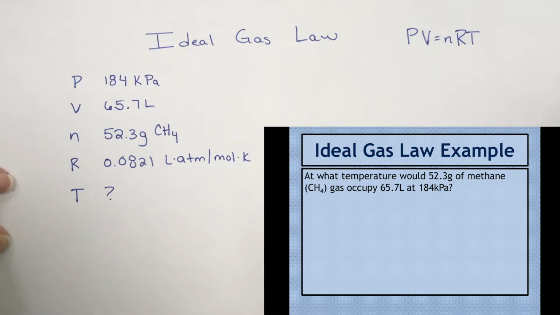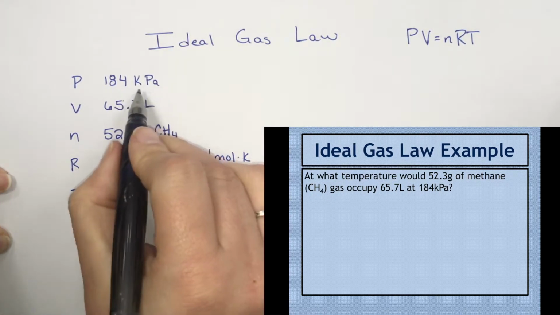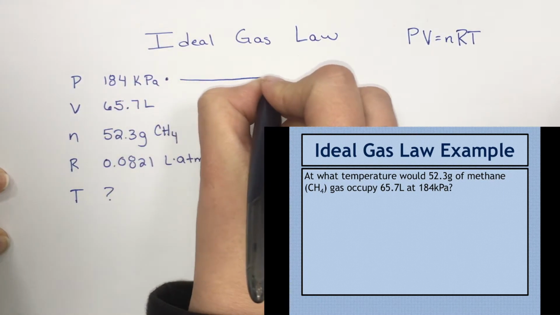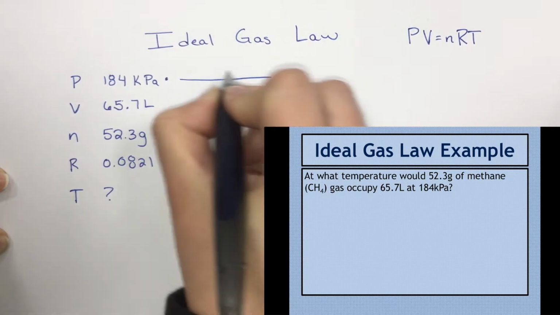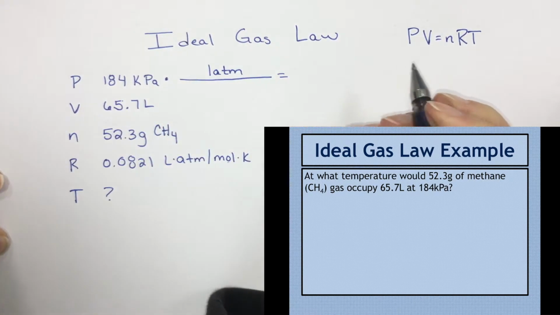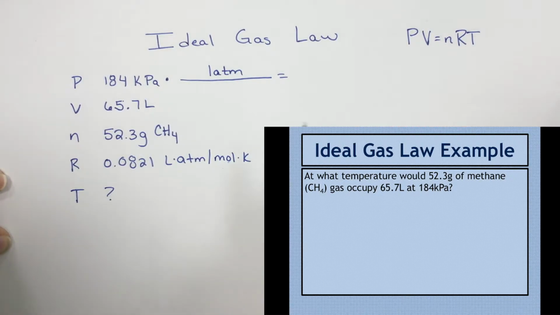Okay, so we need to convert a couple of things. First, we need to convert this, right? Because we have to have it in atmospheres. So to convert, we'll put 1 atmosphere here. If you haven't gotten it in class, I have a paper of conversions for pressure.